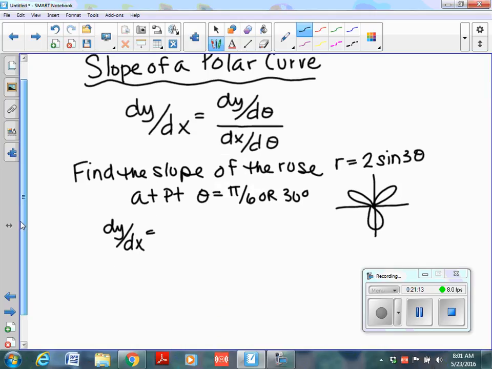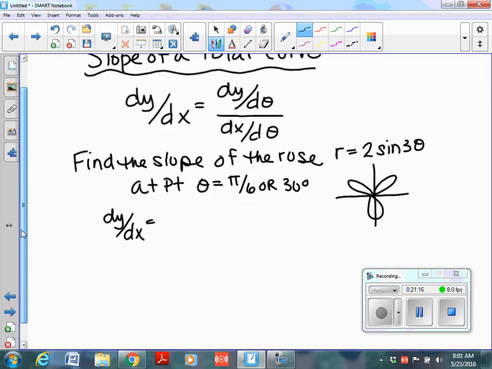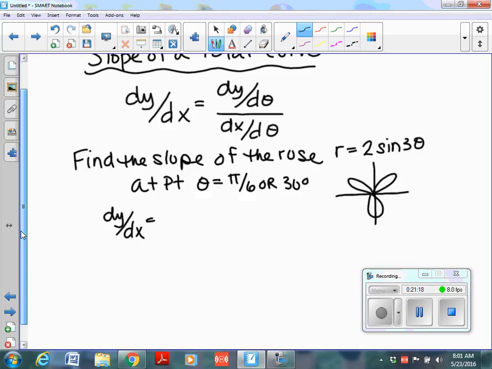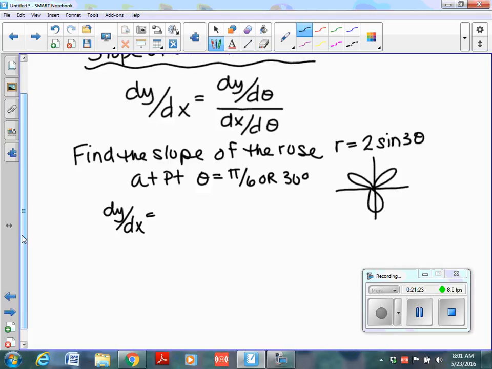Let's see. So all you're going to do now is remember that x equals r cosine of theta and y equals r sine of theta. So now you're just going to use the product rule to find the derivative, or the slope of the line.